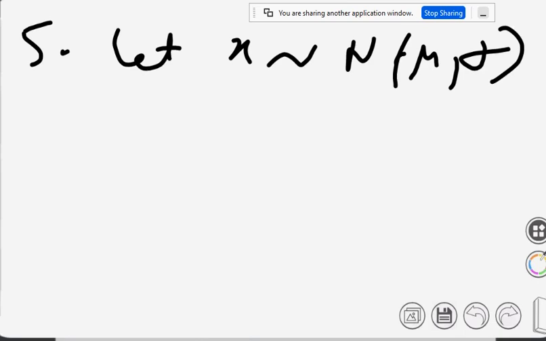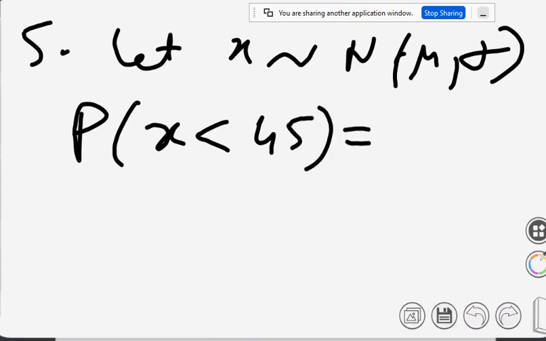Mathematically, probability X less than 45 is equal to 0.31. 31% means 31 by 100. Percent means probability.